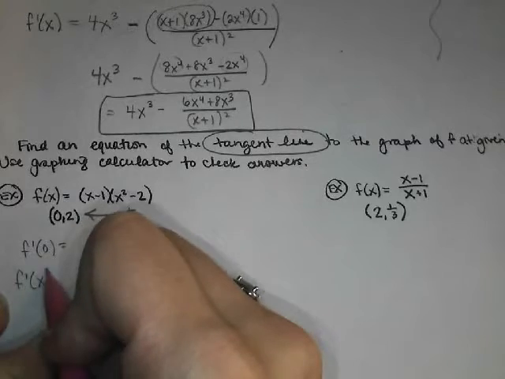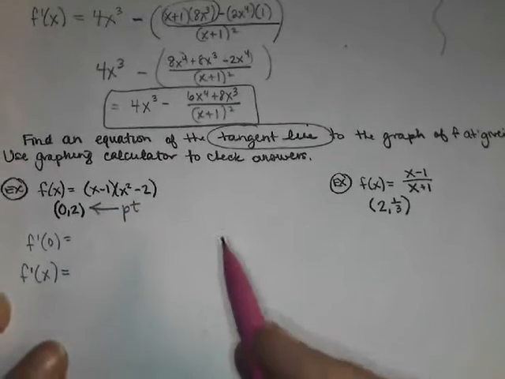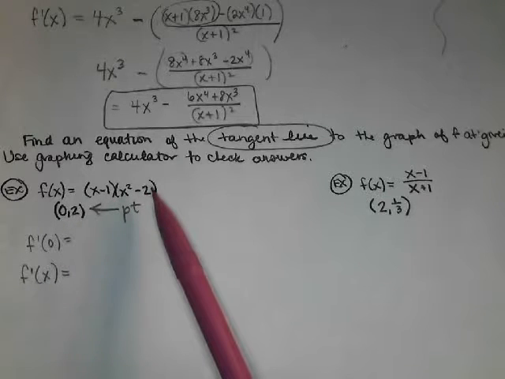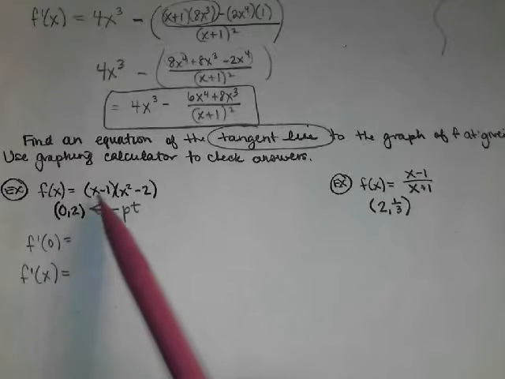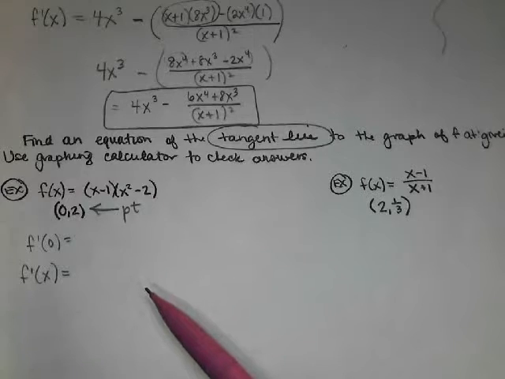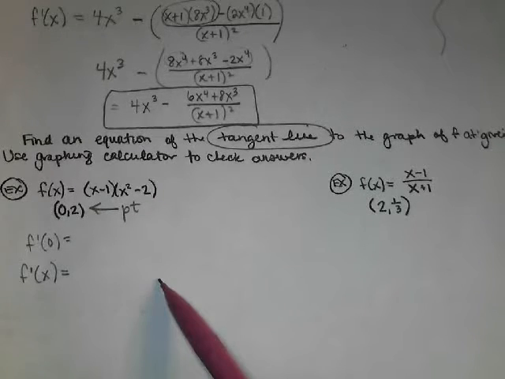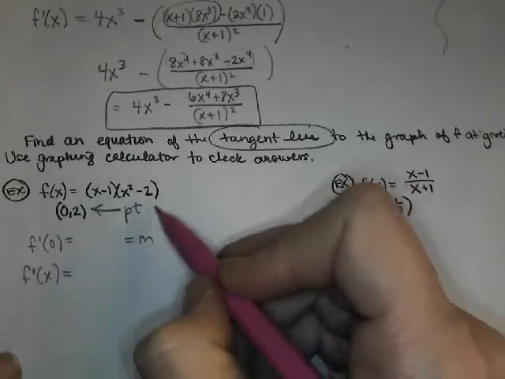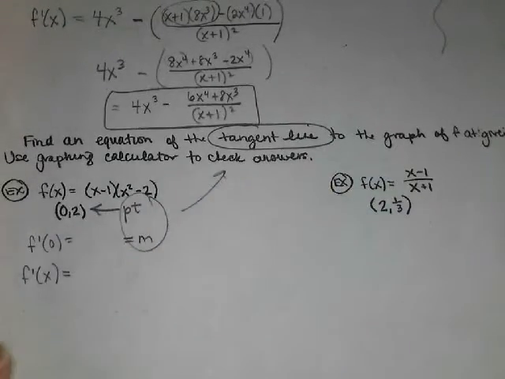And again, with this one, we can do the product rule right away if we want, or we can distribute and do the power rule. But once you have your derivative rule evaluated at 0, that's going to be your slope. Your point and your slope are going to help you write your tangent line. We're not going to do that out, but we've done several problems like that, so nothing new.